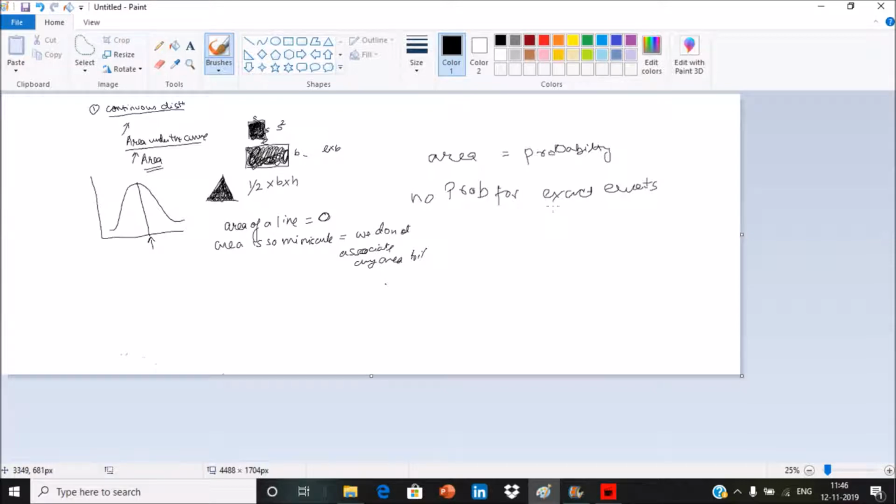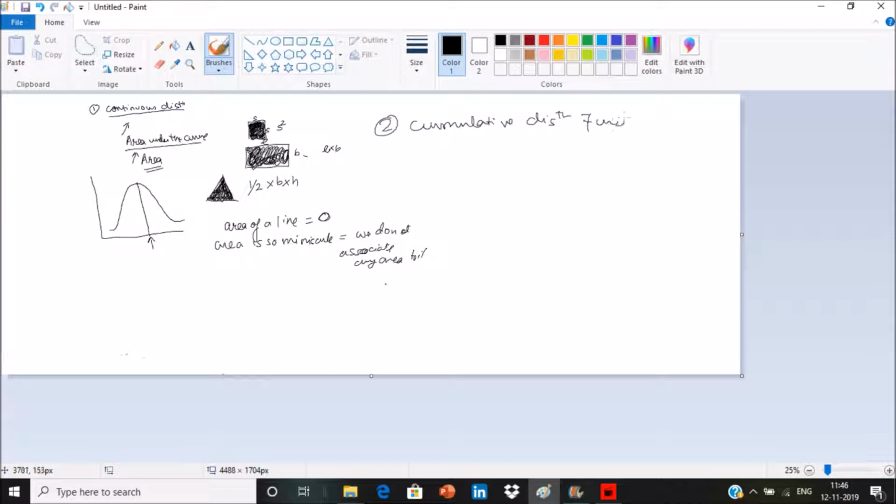Now this brings us to another characteristic of the normal distribution, which is that it follows a cumulative distribution function, or CDF. What do we mean by this?